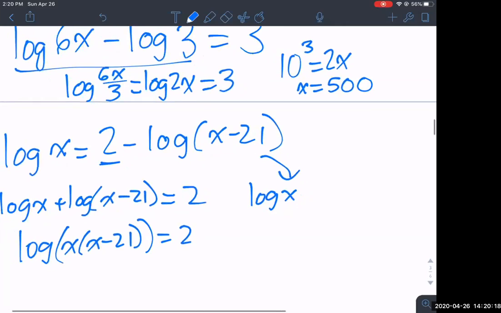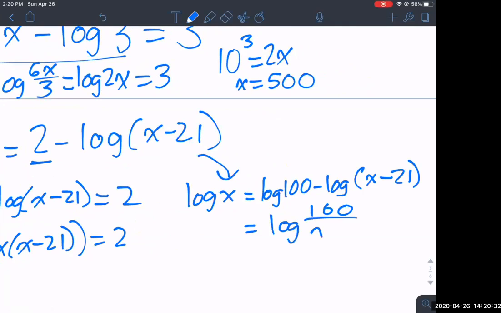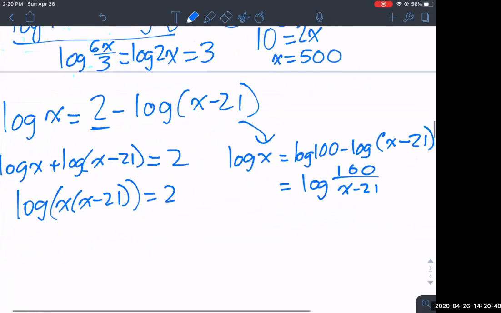And for this one, you end up with log x, log 100 minus log x minus 21. And then you can simplify that with identities that we learned. Either way, you end up with the same thing.